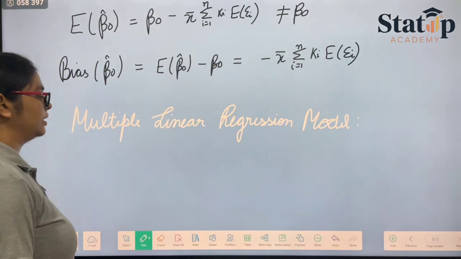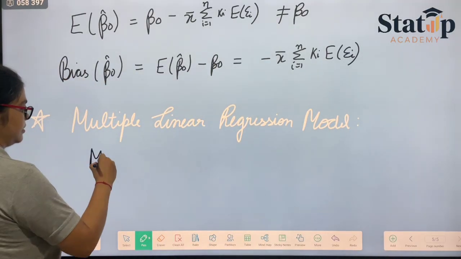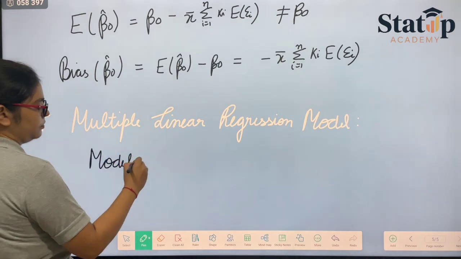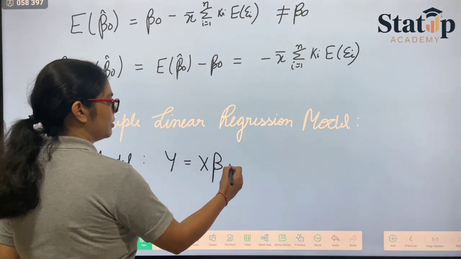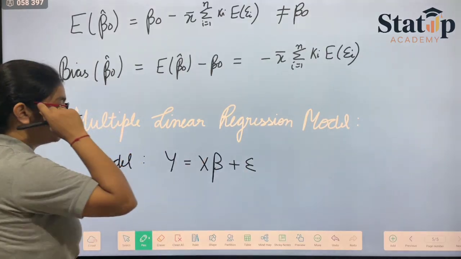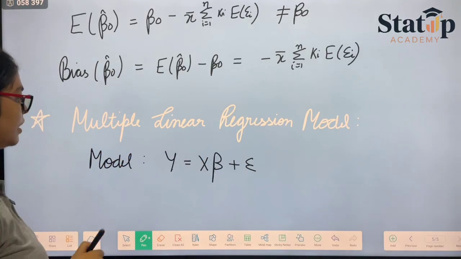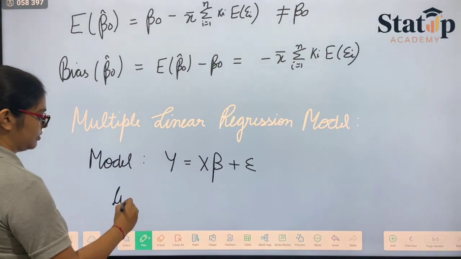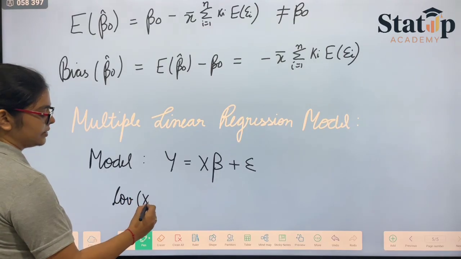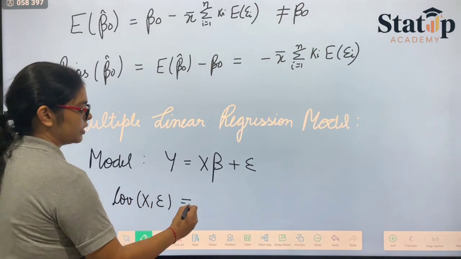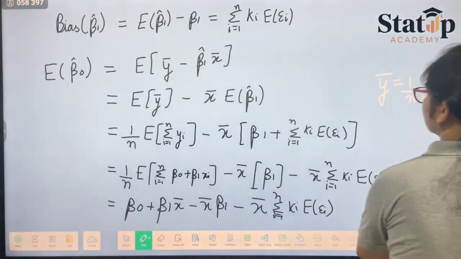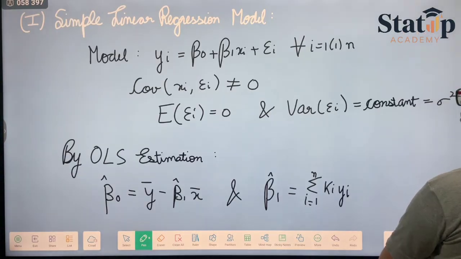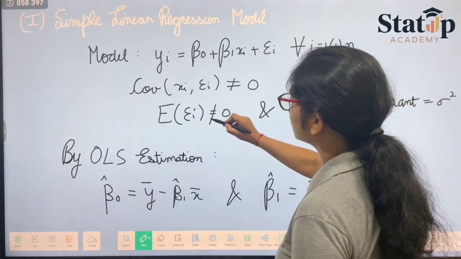Now in multiple linear regression model, our model is given as y is equal to x beta plus epsilon. Now here we will consider that covariance between x and epsilon is not equal to 0. Here this is also violated.